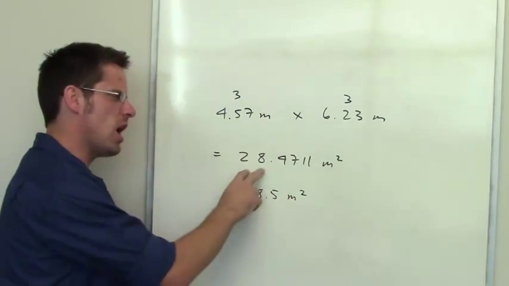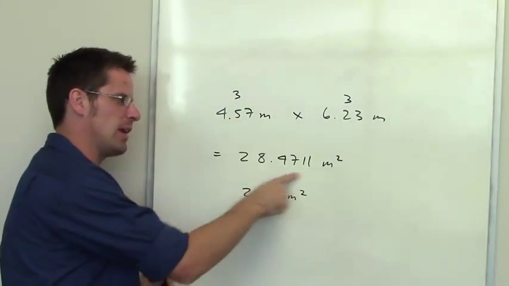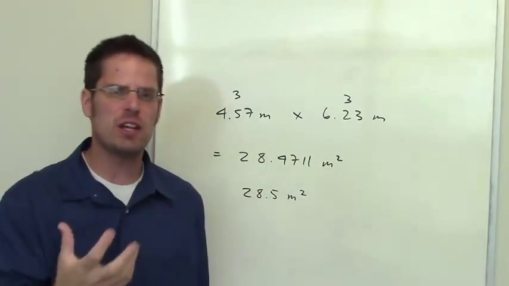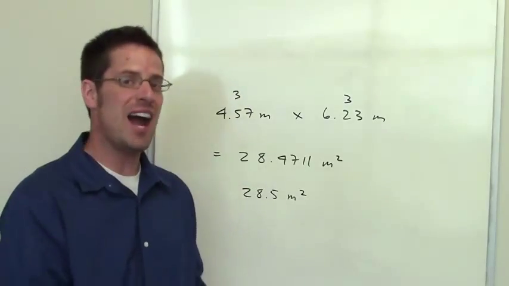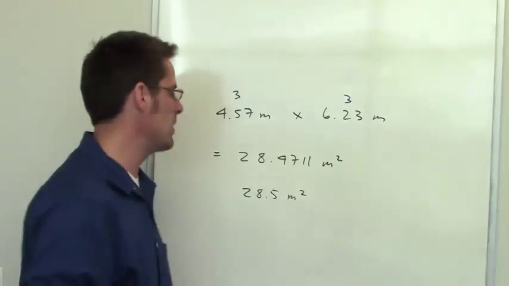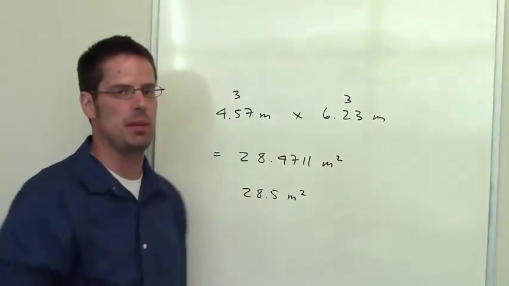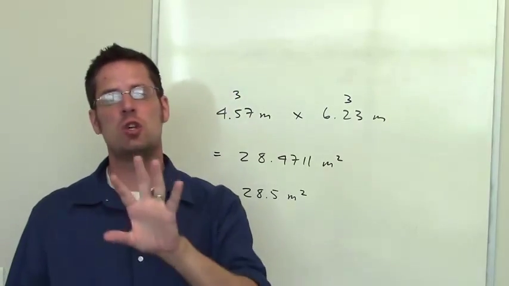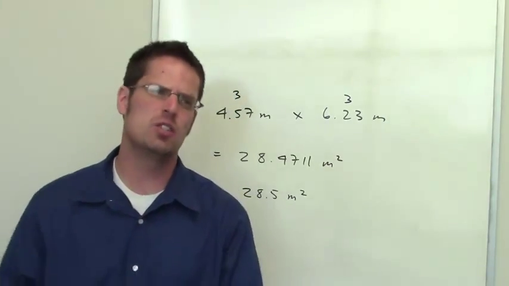Now, why would I not report my final area with this many digits? The reason is because if I reported this value, I would be telling everybody that I had a device that was accurate enough to measure the width and the length of that room up to 4 decimal places, which I clearly did not.